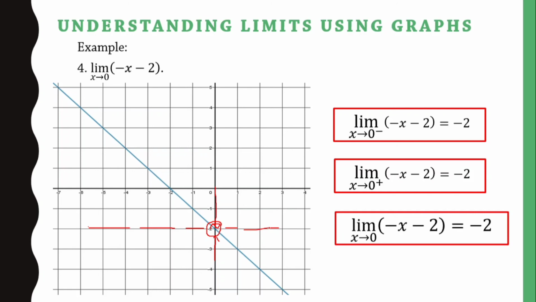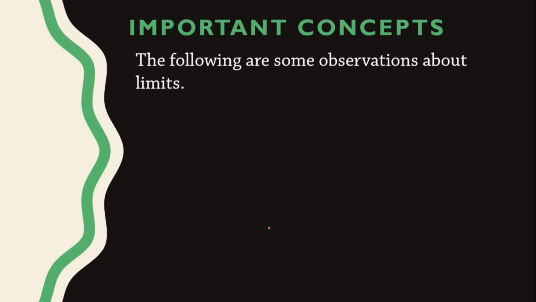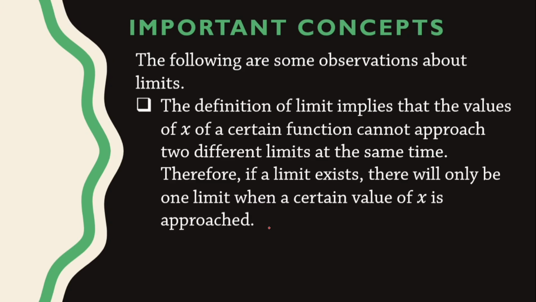Okay, so here, let's recap some important concepts that we learned today. Here are our observations about limits. First, the definition of limit implies the values of x of a certain function cannot approach two different limits at the same time.